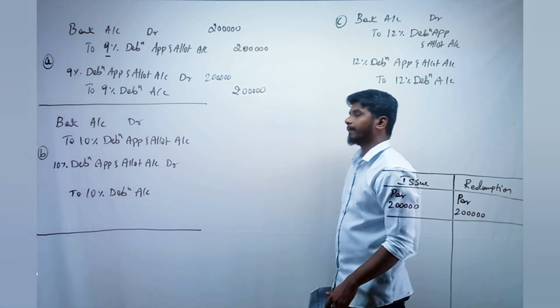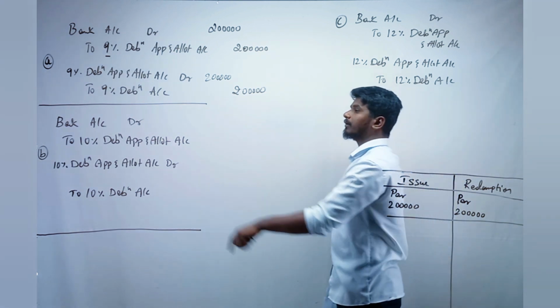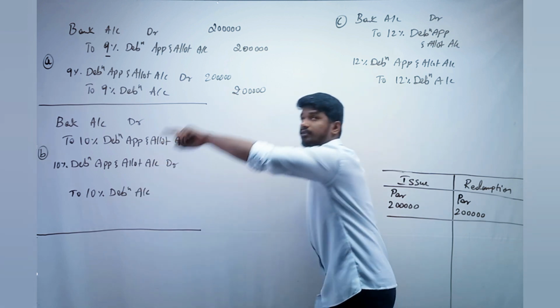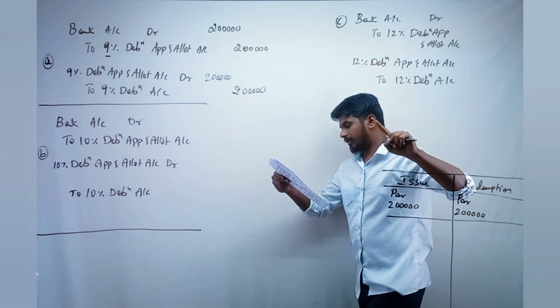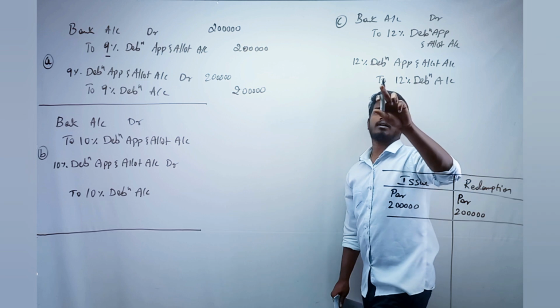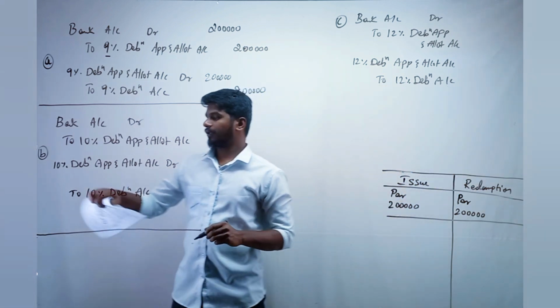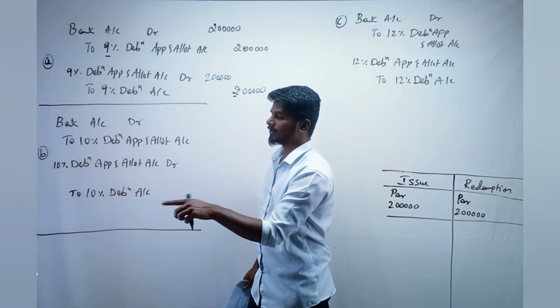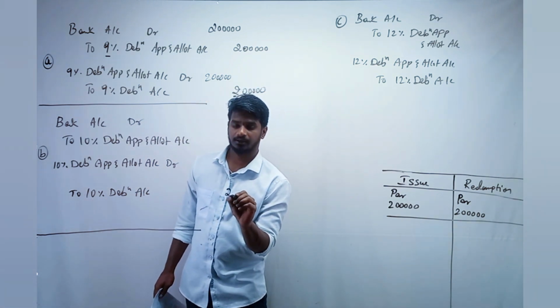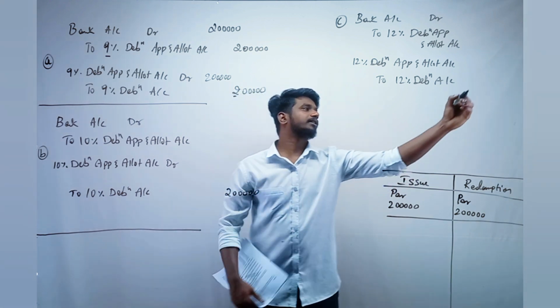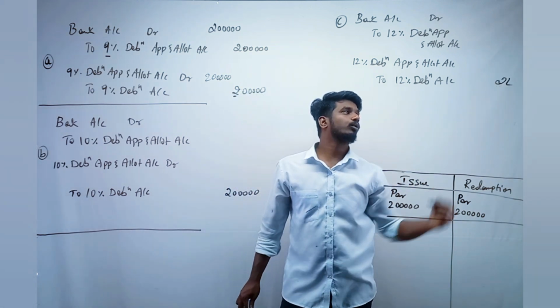Right, now onwards, to all the 9% or 10% or 12% or last one 8% debenture account, the second entry, the same amount. Right, to 10% debenture account credit, it will be straight away 2 lakh. Here 12% debenture, straight away 2 lakh.